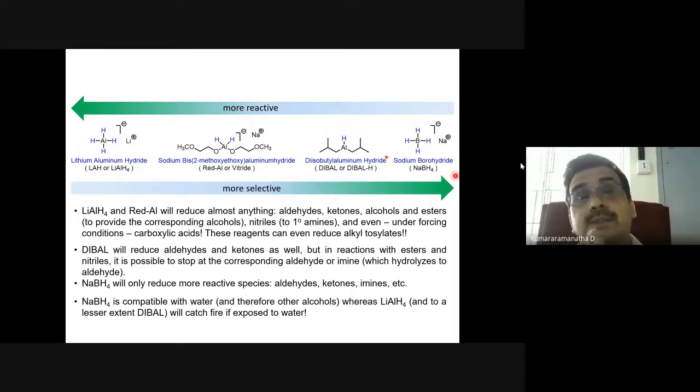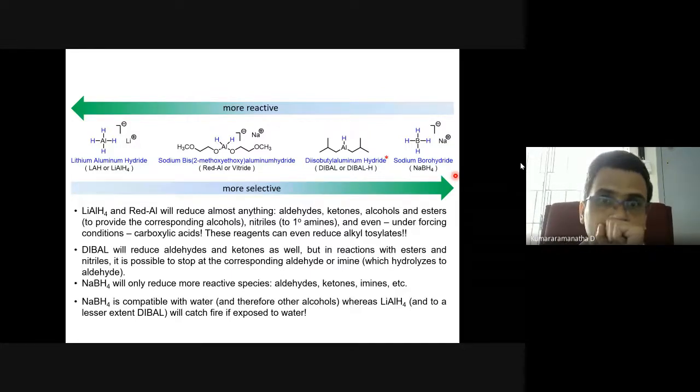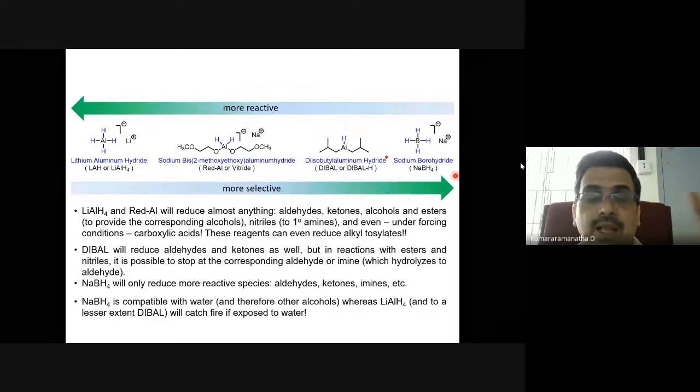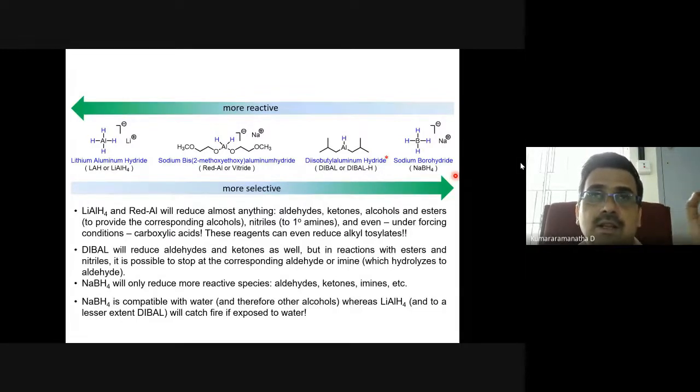What you can expect for your exams based on this is one example: give reactions based on lithium aluminum hydride and sodium borohydride. For each reaction, if you write a few lines about the reducing agents, then it holds good. You do not need to explain any mechanism. The only thing is the products. That is very important.